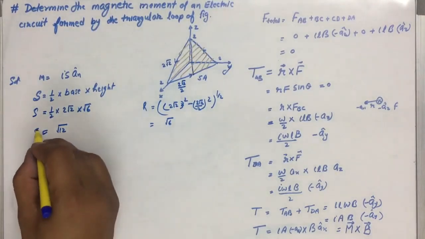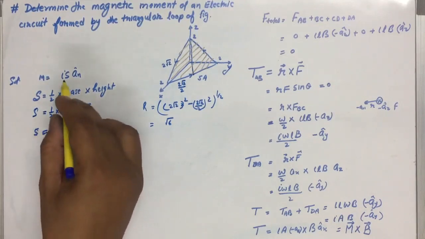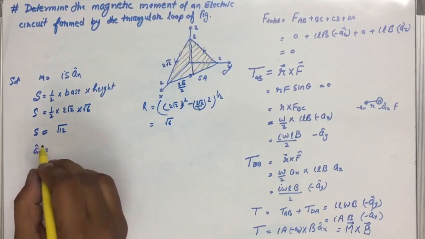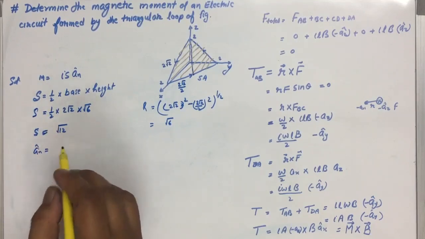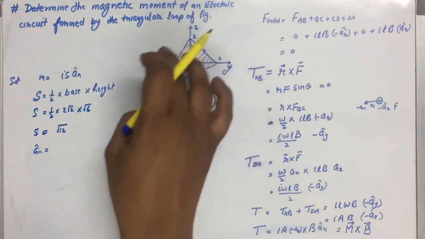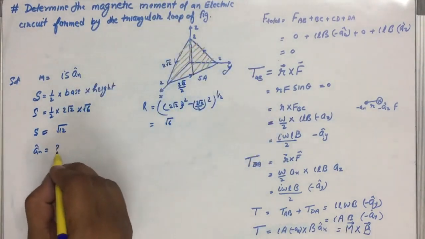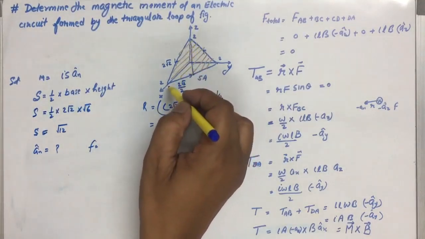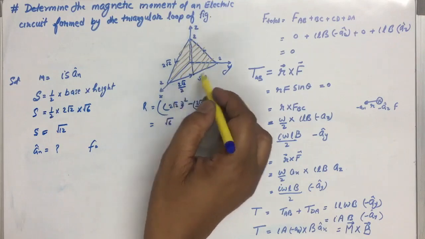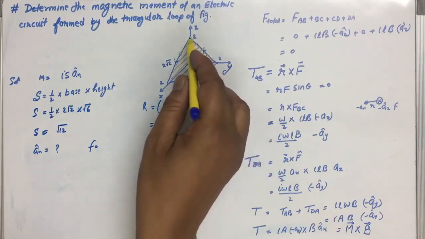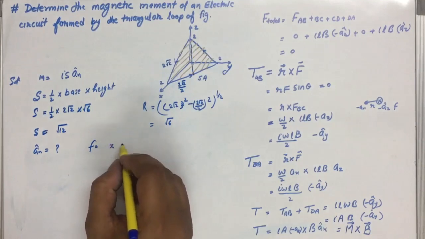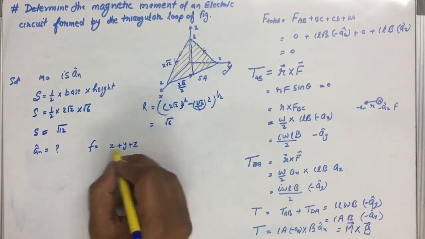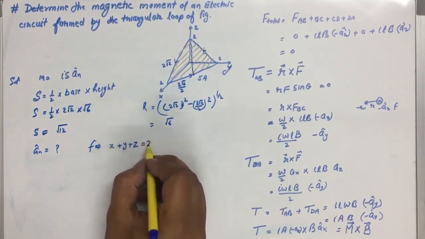Okay, now we know I, we know S, and AN is required. For finding AN, we just have to find the function of the plane. The plane passes through the points 2, 0, 0; 0, 2, 0; and 0, 0, 2. From there we can write it as x plus y plus z is equal to 2.